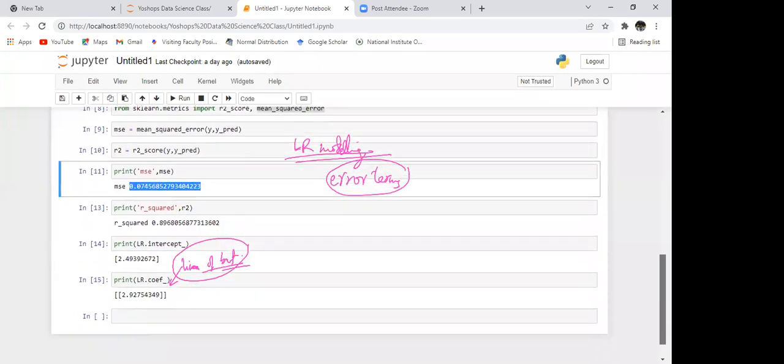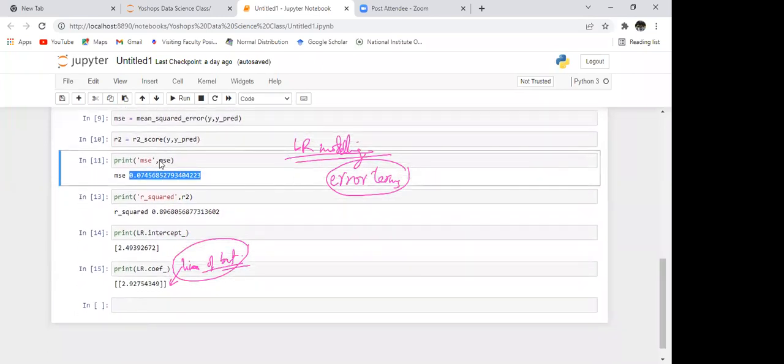But the point is you cannot simply rely on these error terms, be it mean squared error or mean absolute error. You have to look for other factors as well. You have something called the coefficient of determination. Why can't we rely on these MSE, MAE measures?